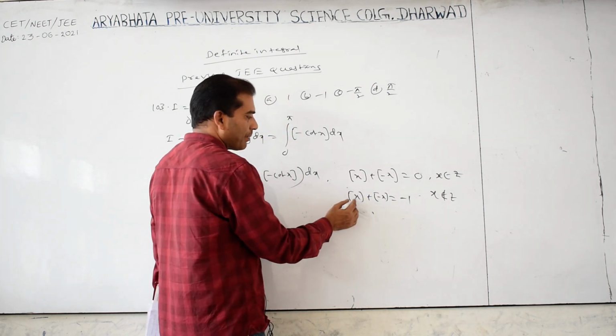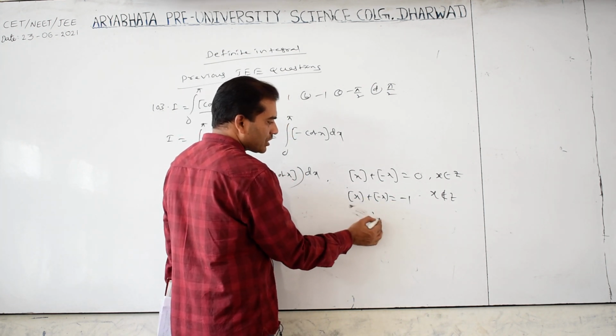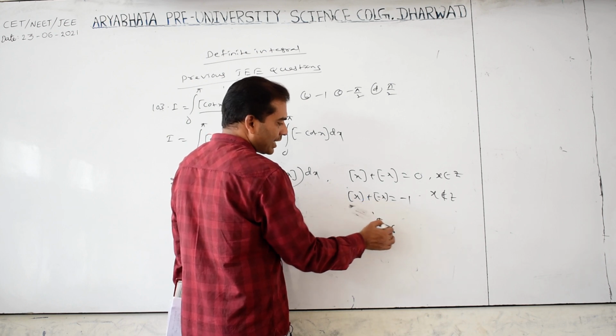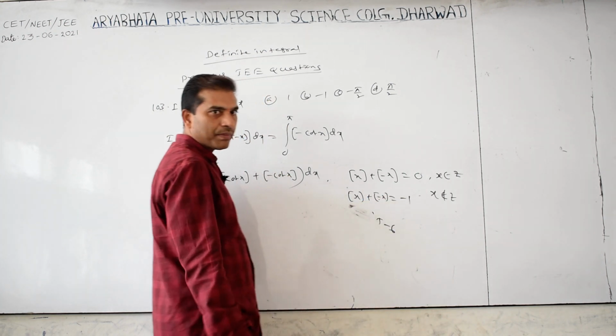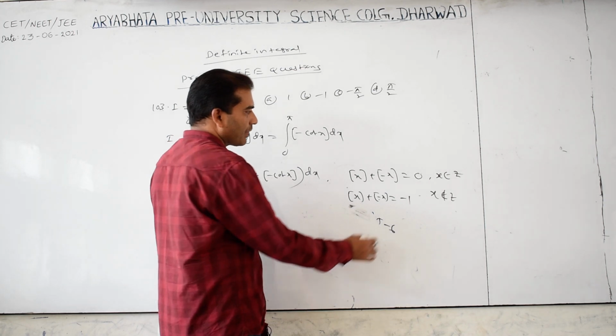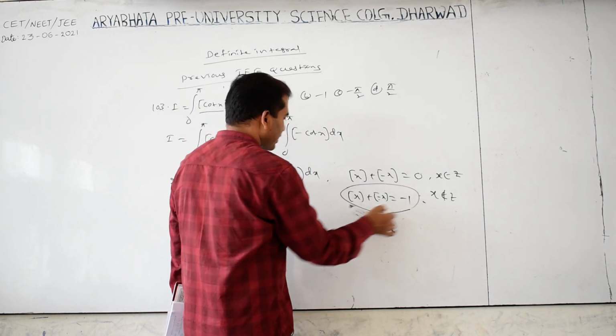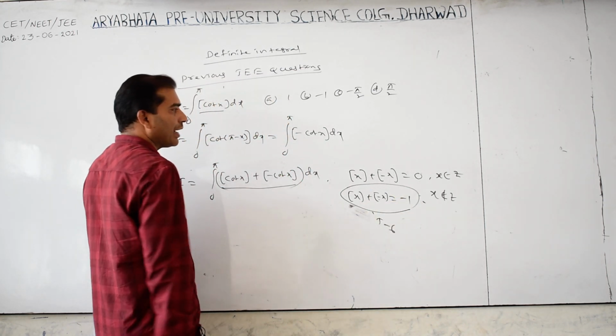Take any number, 5.1, step is 5, minus 5.1 is minus 6, 5 minus 6 is minus 1. Yes, for a non-integer, step x plus step of minus x equals minus 1.